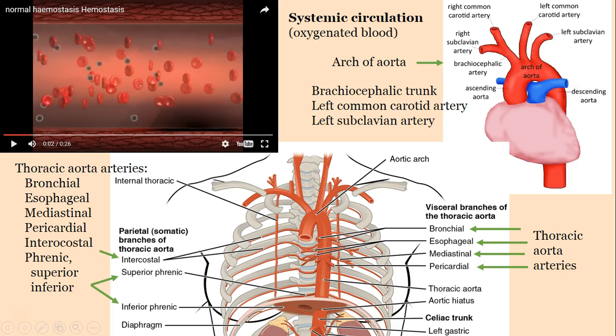If we're going to look at the thoracic here, we'll see that there is the bronchial, and this makes sense. Instead of just memorizing this without any purpose, bronchial, think of bronchi or lungs, esophageal, so the stomach here, mediastinal, which you're most likely not familiar with, and that's going to go kind of between the lungs and towards the vertebral column, because we need to keep the spine and the tissues around here alive.